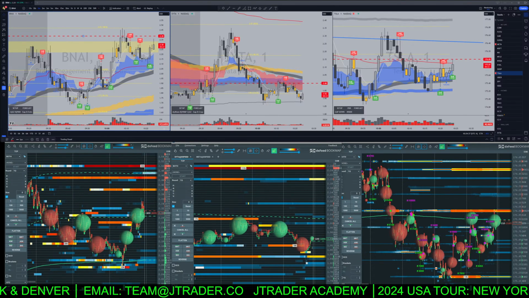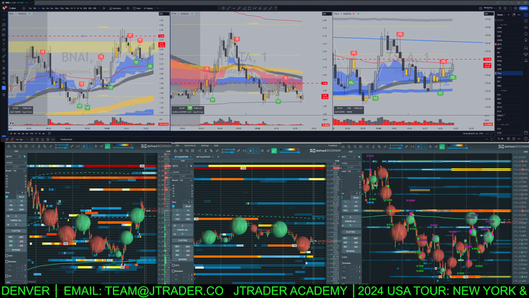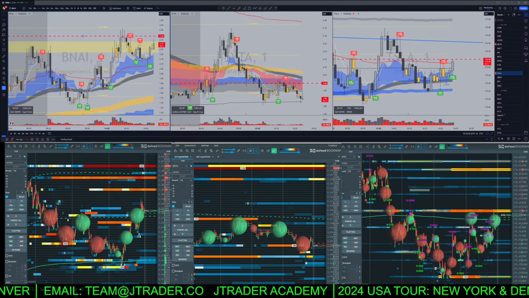Still a good trade from that 2.35 down to the 2.10 and then all out in the money over here.